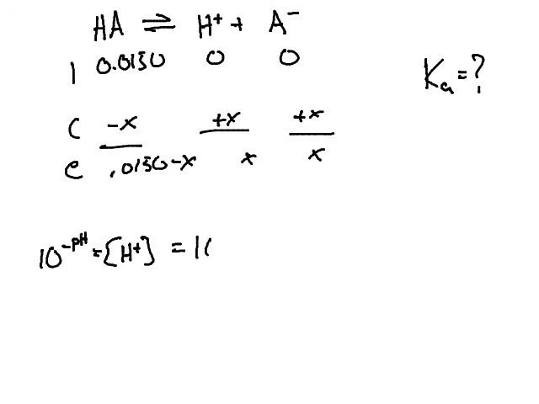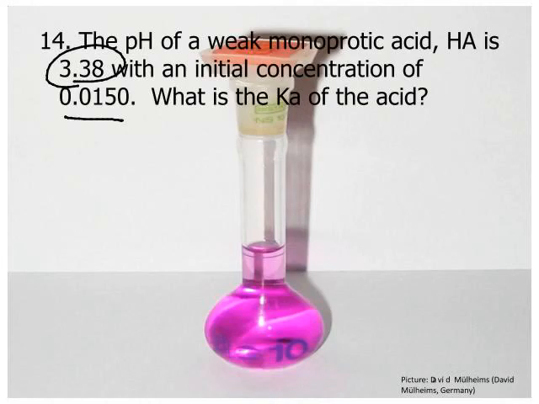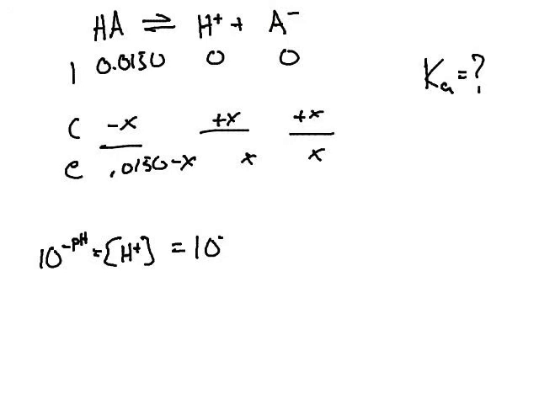So if I take 10 to negative 3.38, I'll take my calculator, 10 to the power of negative 3.38, that is the hydrogen concentration, which is 4.2 times 10 to the minus 4th. But what's that actually equal to from an algebraic perspective here? That's right, it's x! X marks the spot.